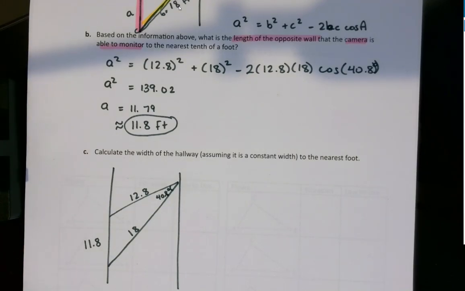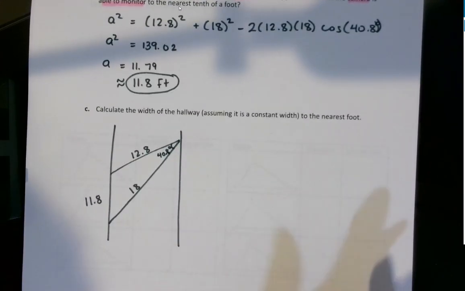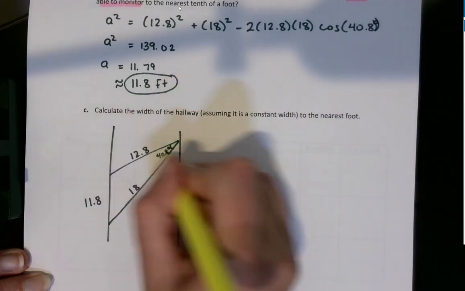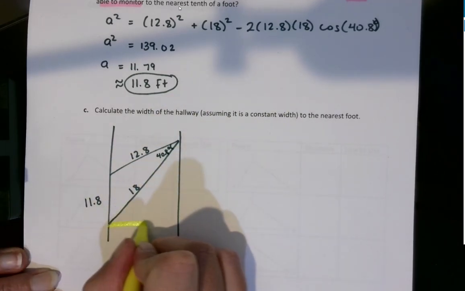And so the width is going to be the distance across the hallway. It doesn't matter where I put my line for the width because we're going to assume that hallway is the same width. Most hallways are the same width at any point. So I'm going to put it across right here.